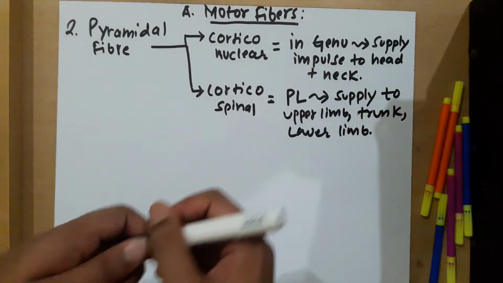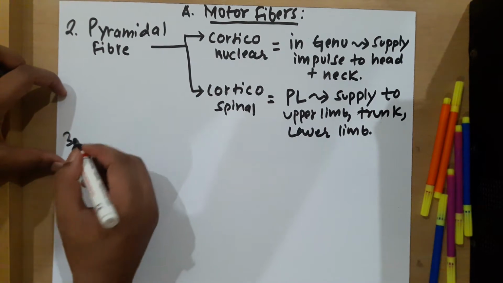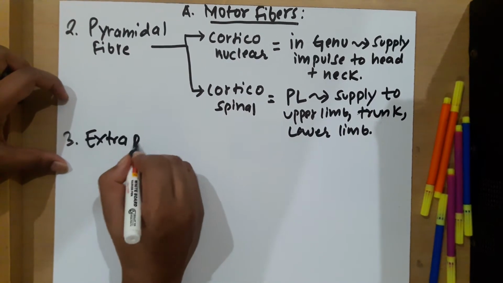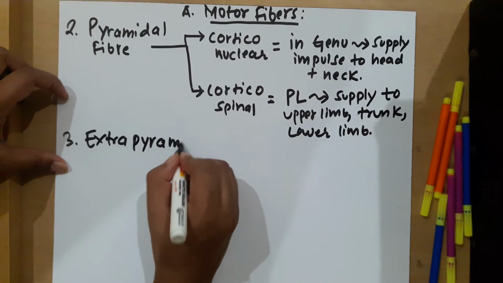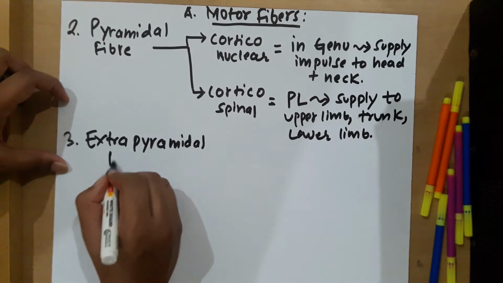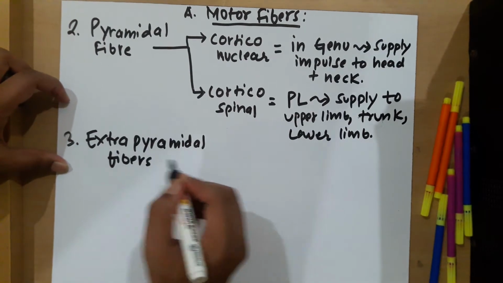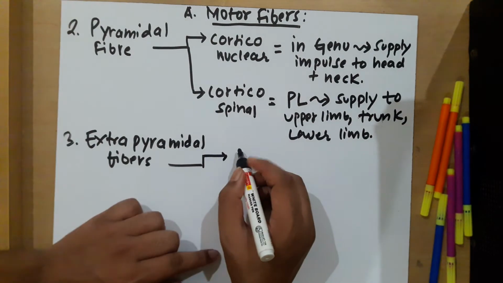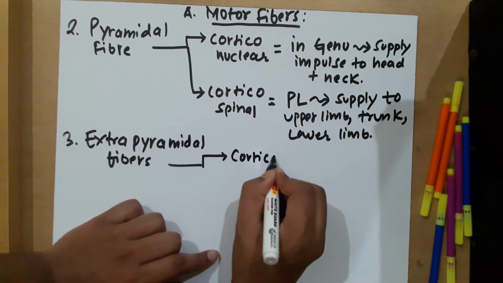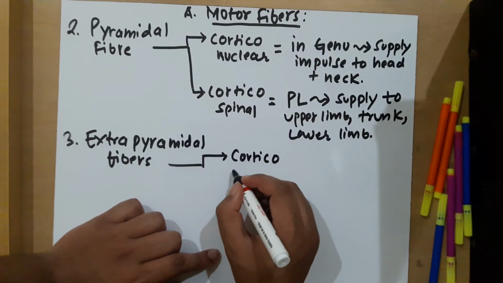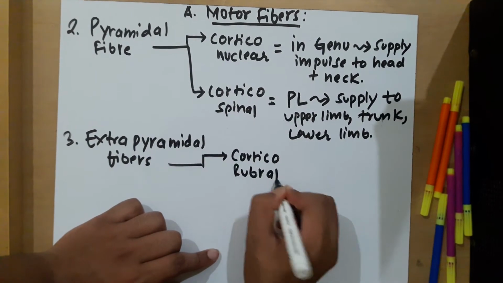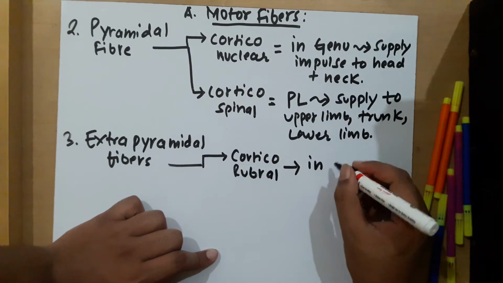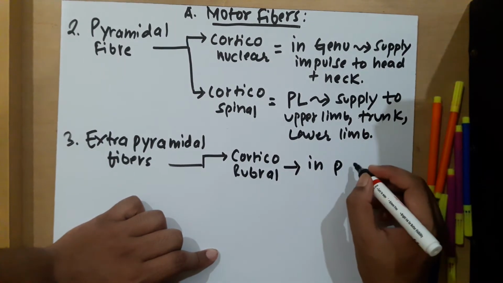Now let's talk about the extrapyramidal fibers. Rubral, these are present in the posterior limb.